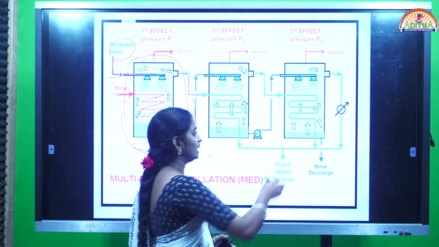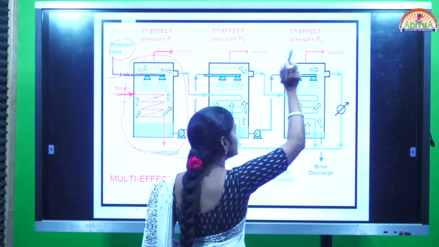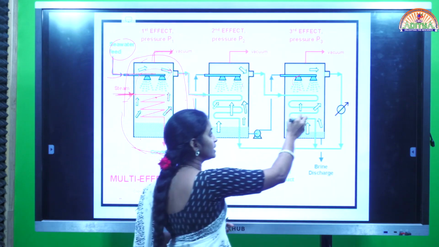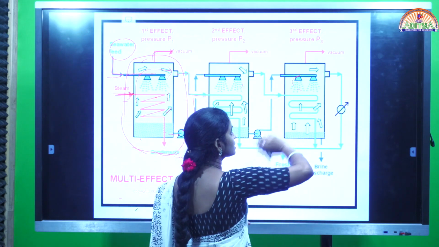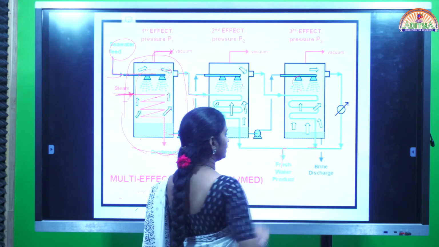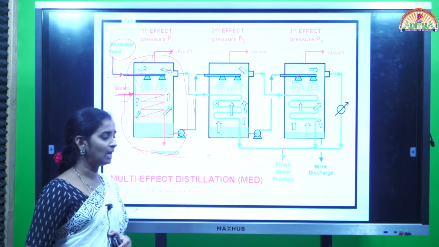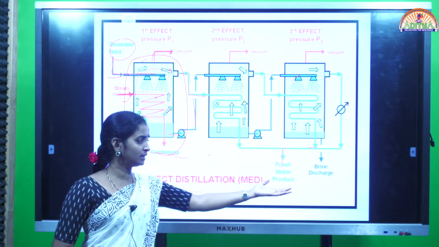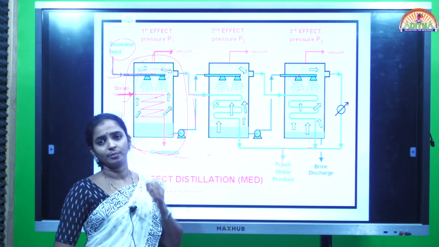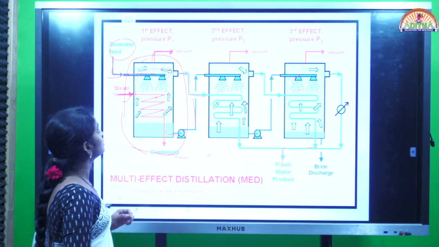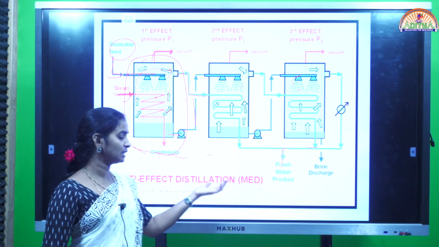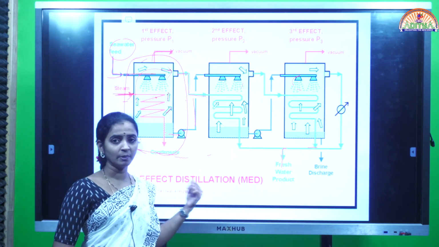And finally in the third still, the generated steam will be condensed, and we can collect it through the outlet. Finally, this collected fresh water is used in the preparation of the parenteral product. This is about the multiple effect distillation. And also, what is the principle involved here?